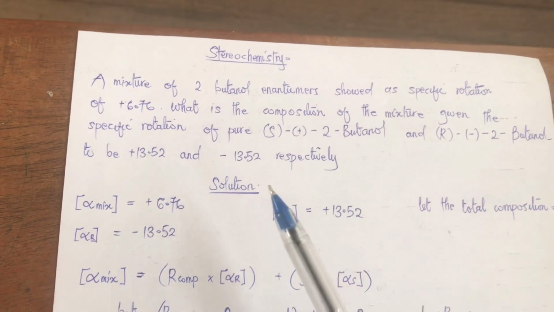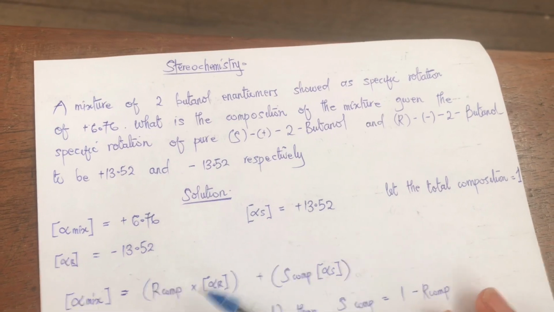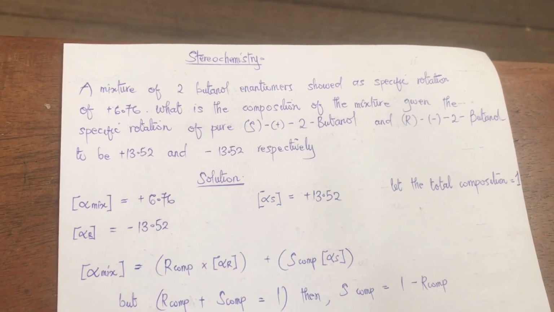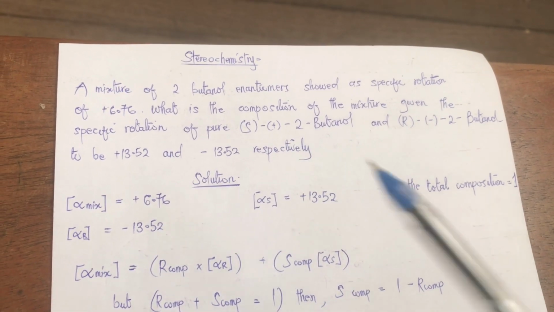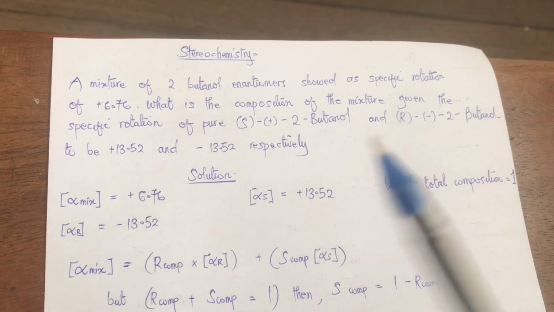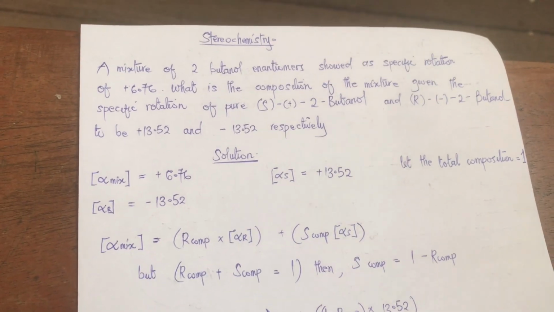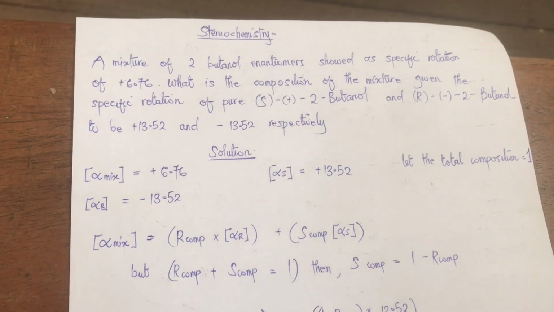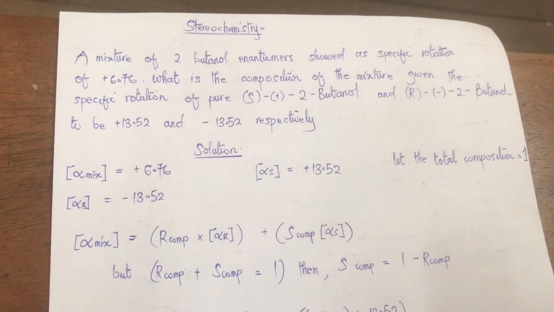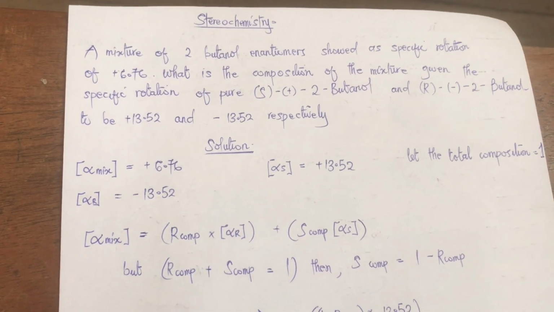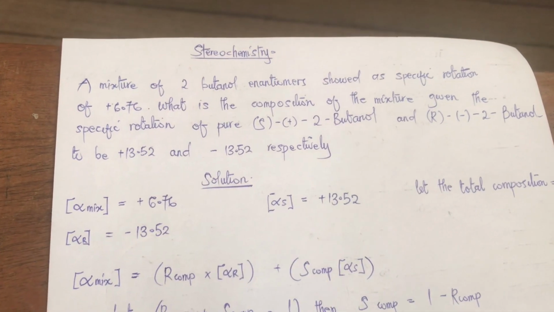So, a mixture of 2-butanol enantiomers mixed and showed a specific rotation of plus 6.76. So this means that when these two enantiomers are mixed, we are going to get a specific rotation for it, which is what? Plus 6.76. That's what you should keep in mind. That's what the question is saying.